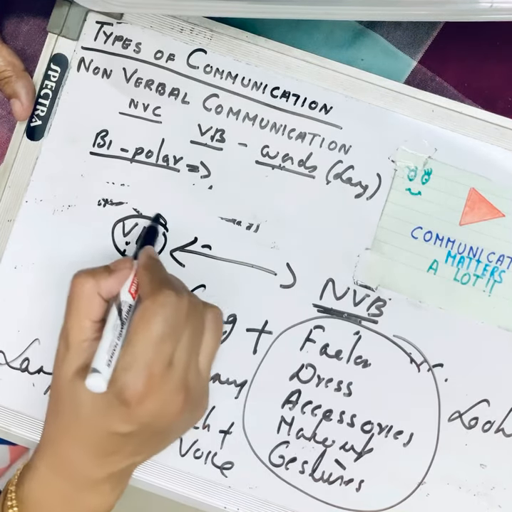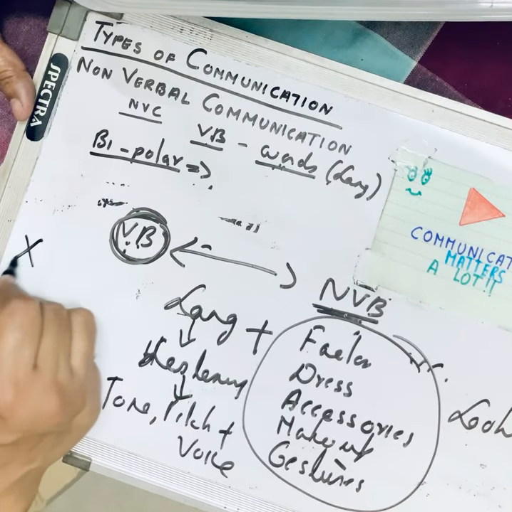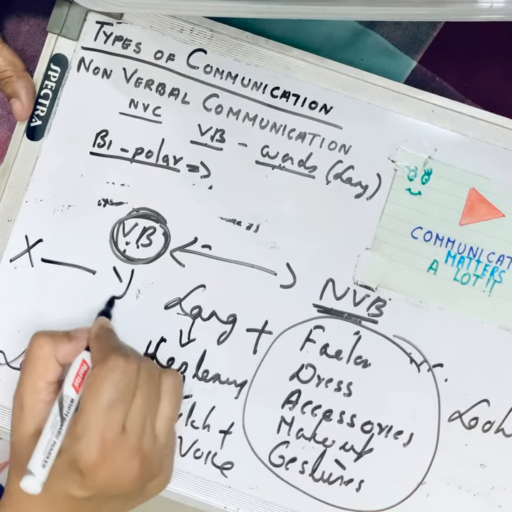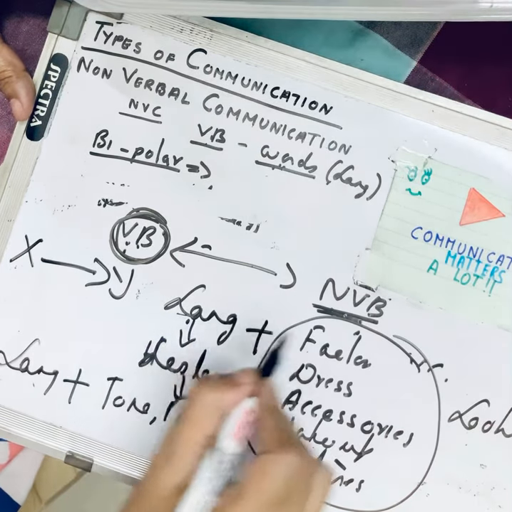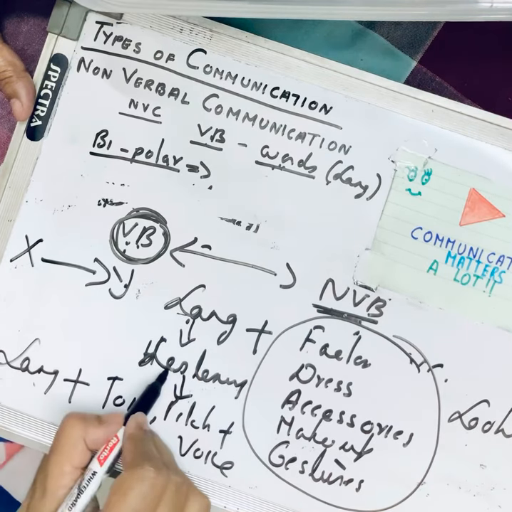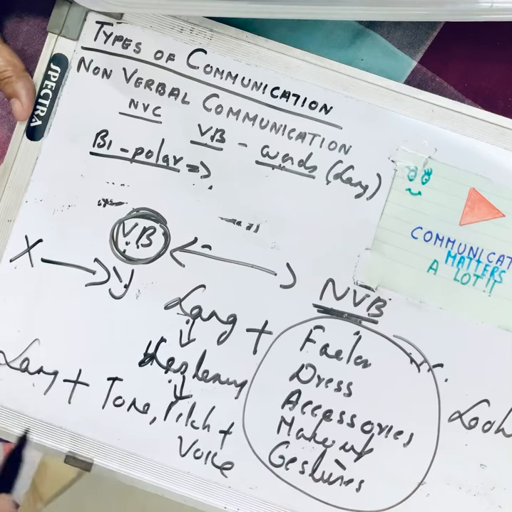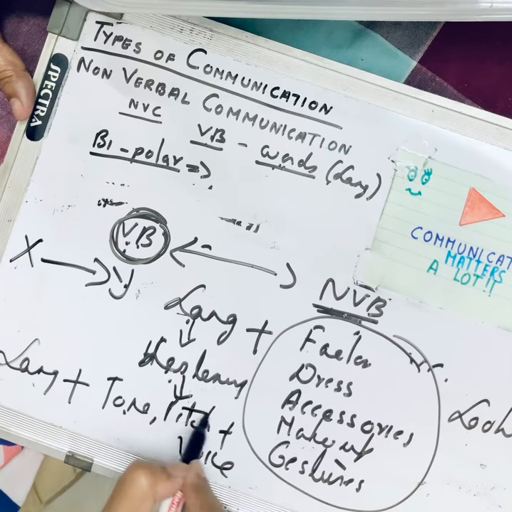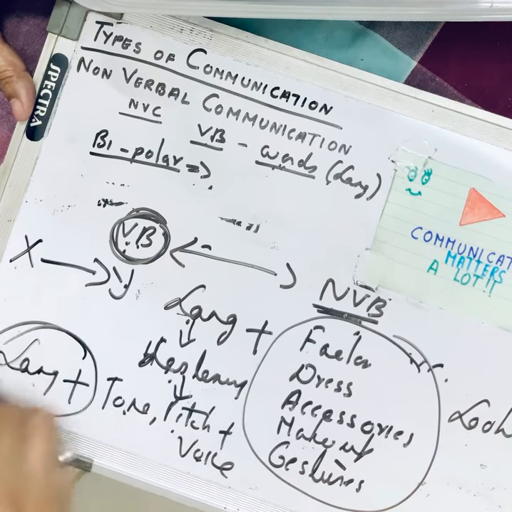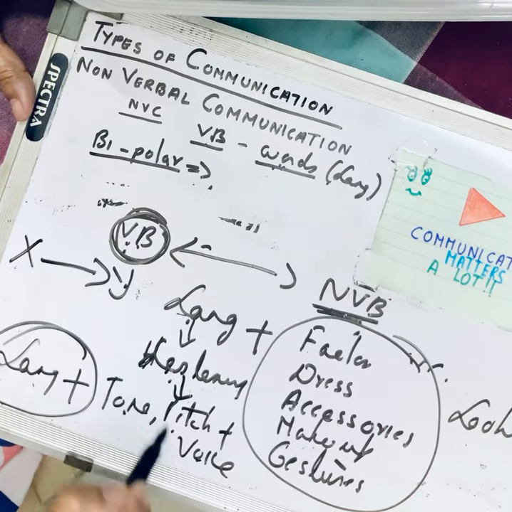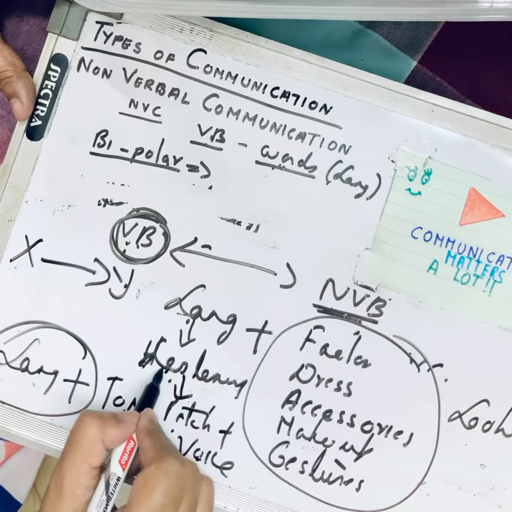So you see, when verbal communication is happening and X is speaking to Y and X uses a language, Y listens, and when Y listens, he listens to the language as well as the tone, the pitch, and the voice. So here language is one component of listening, and tone, pitch, and voice are the other components of listening.